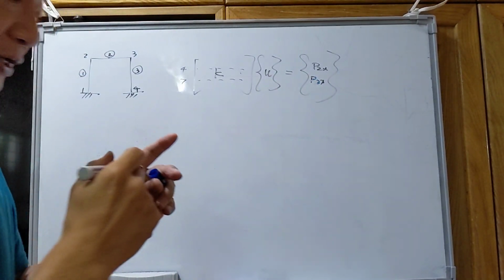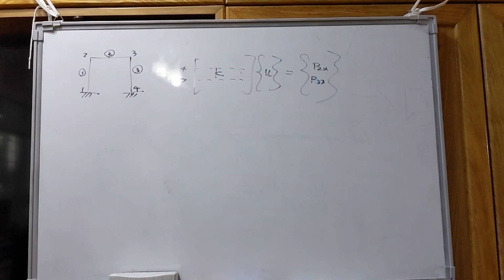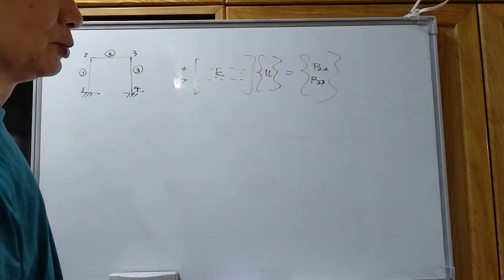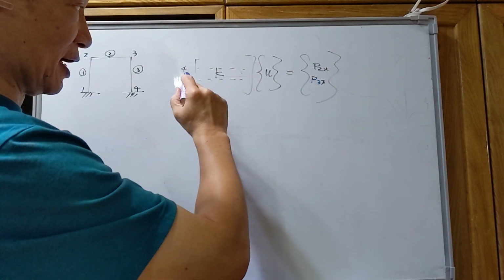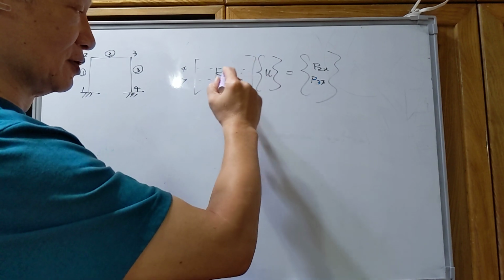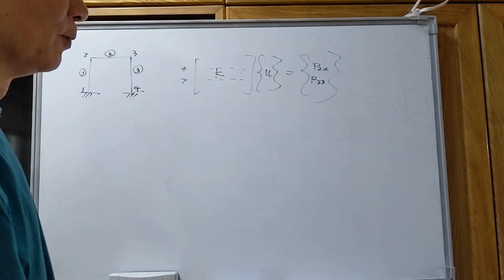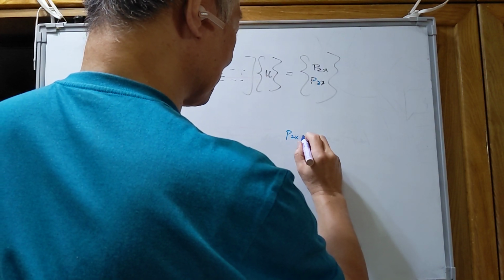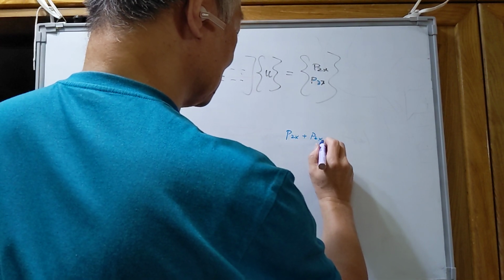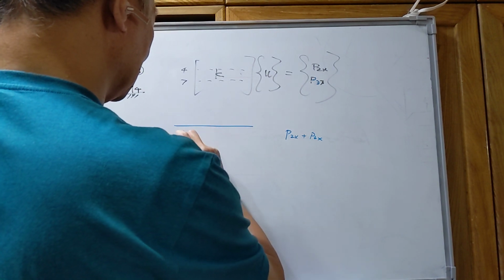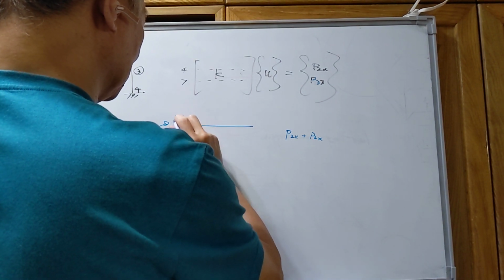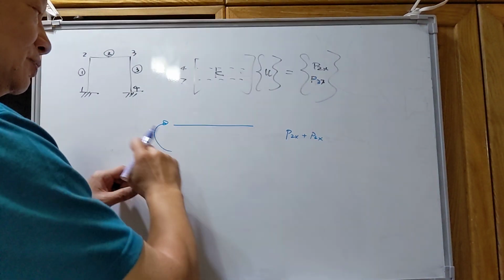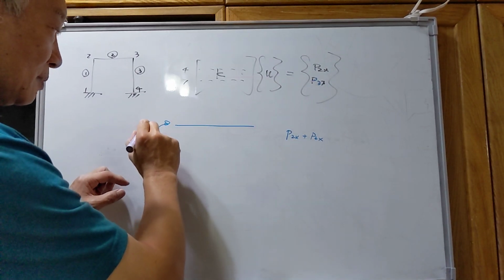So you can get the P2x from the fourth row times the U. You can get the P3x, which is the seventh row multiplied by the U. And also we can get the P2x plus P3x, which you can get by adding the seventh row to the fourth row.